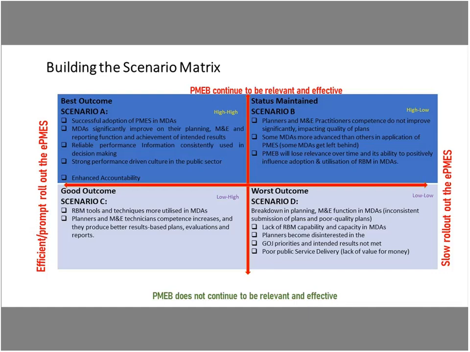So when I look at this scenario, because I just give names around outcomes, for this quadrant you're comparing an efficient, prompt rollout of the PMS, so that's positive, with a negative.